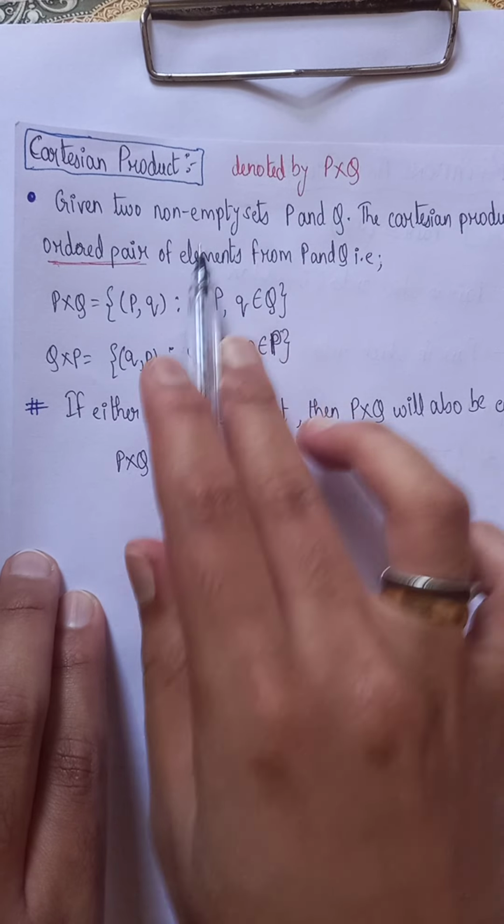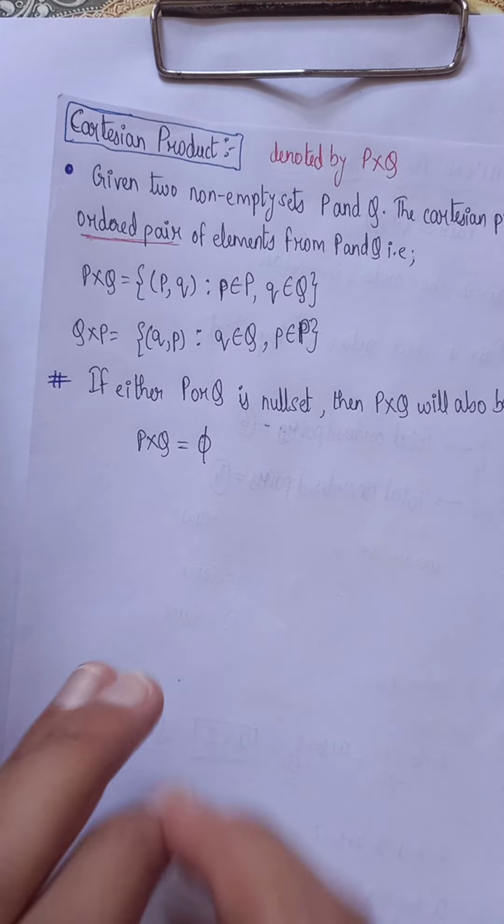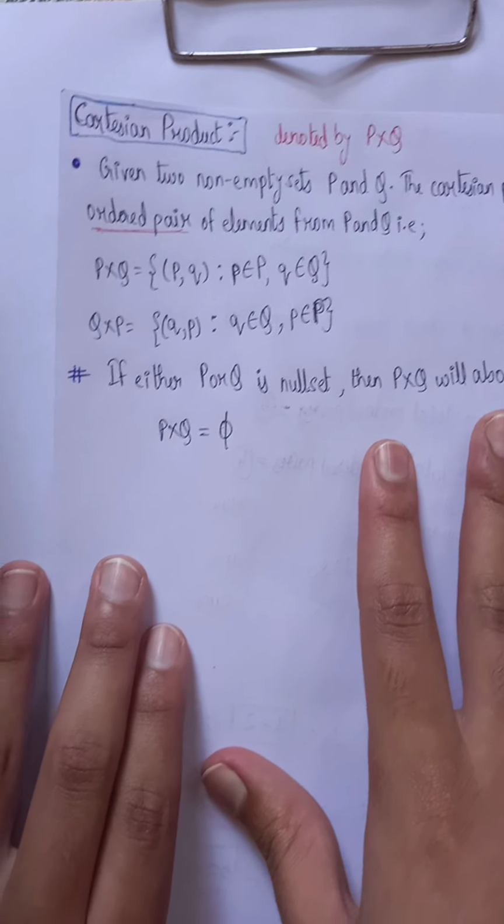That's why we are given two non-empty sets. So while taking the Cartesian product, any of the sets must not be a null set.